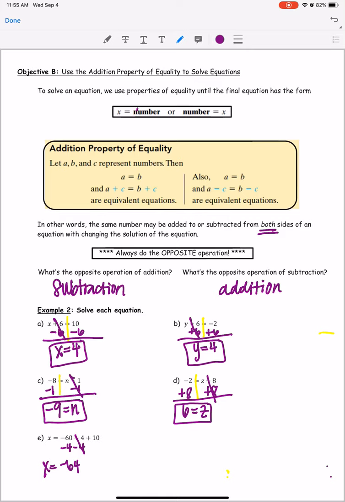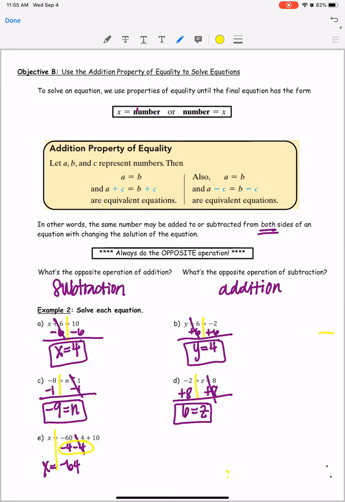This is not correct. The reason is, this is your equation right here. Yes, you are subtracting 4 twice, but you're subtracting 4 on the same side of the equation, not different sides.